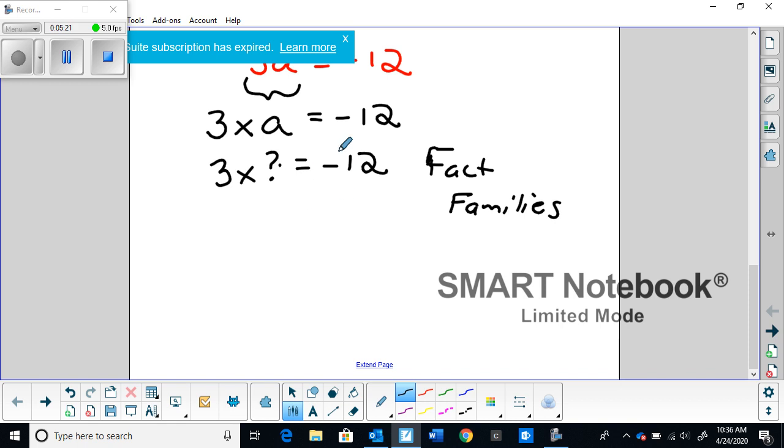Okay, we said, well, okay, if we're going multiplication this way, we can do division backwards to find that unknown, okay? So 3 times something is negative 12. That's the same thing as saying, okay, if I need to figure this out, I go backwards, I go negative 12 divided by 3 is going to give me that something.